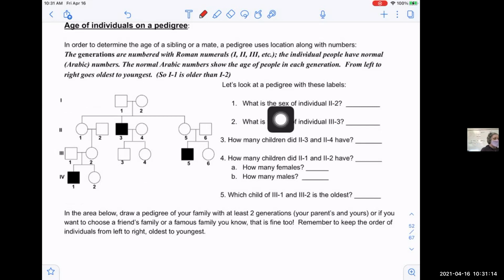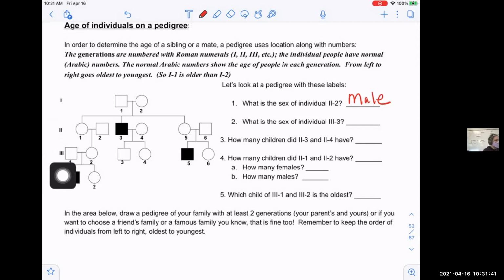All right, so we can answer some questions here. What is the sex of individual 2-2? So we got to find 2 is right here. It's a square. So that is a male. How about 3-3? So we're going to go to generation 3.